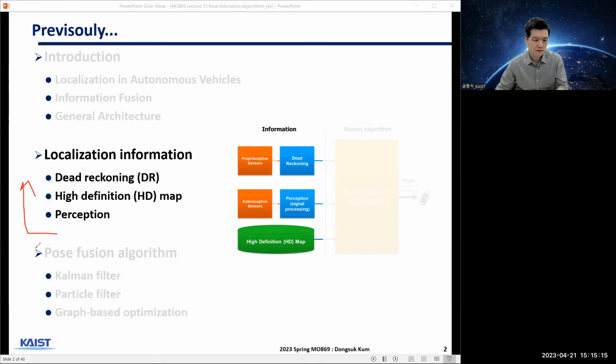And then we left off here to review probability and Bayes filter. So now let's come back and cover the rest of the section, which is a pose fusion algorithm. And I'm going to introduce you to 3 methods: Kalman filter, particle filter, and graph-based optimization.